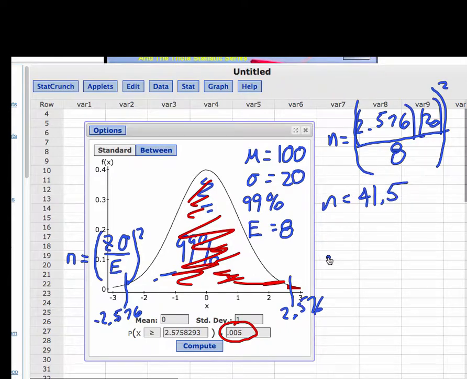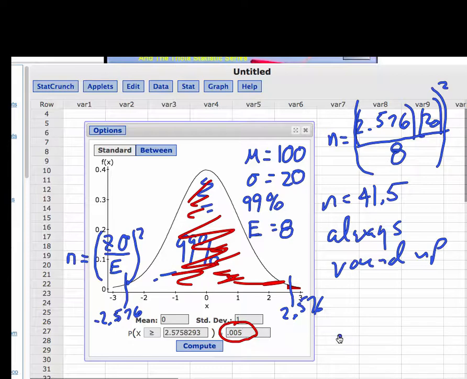Now, here's the thing. You can't sample a part of a person or an object. So in other words, you can't have a decimal place for n here. It has to be a counting number. So what we need to do is always round up when we are calculating sample sizes.